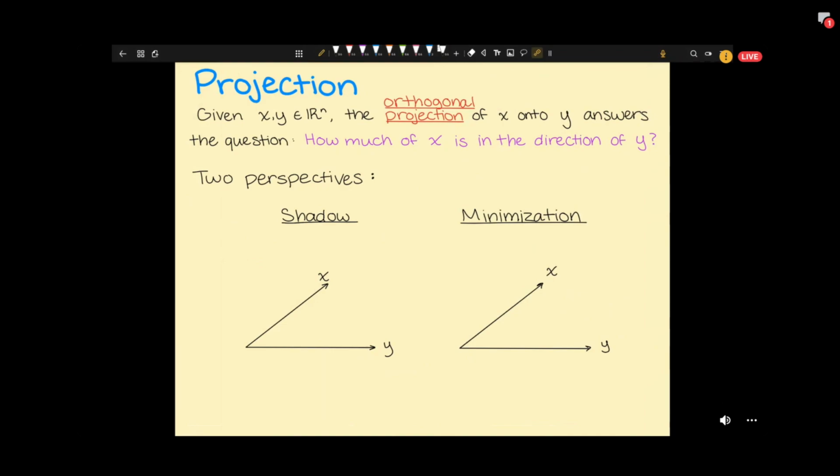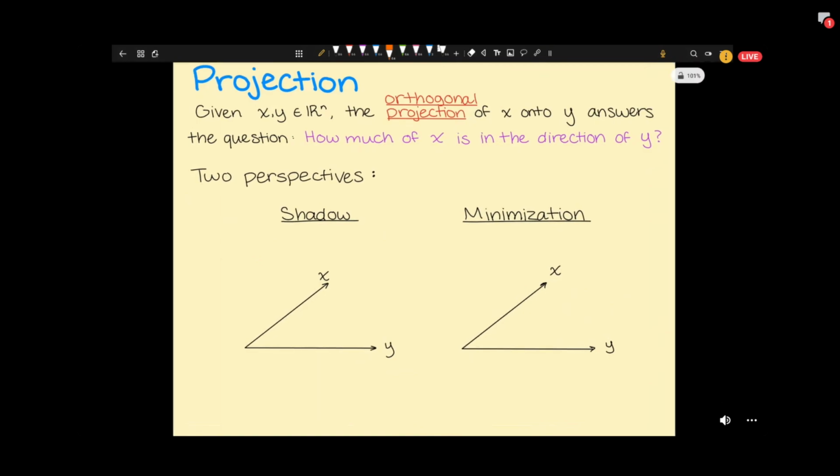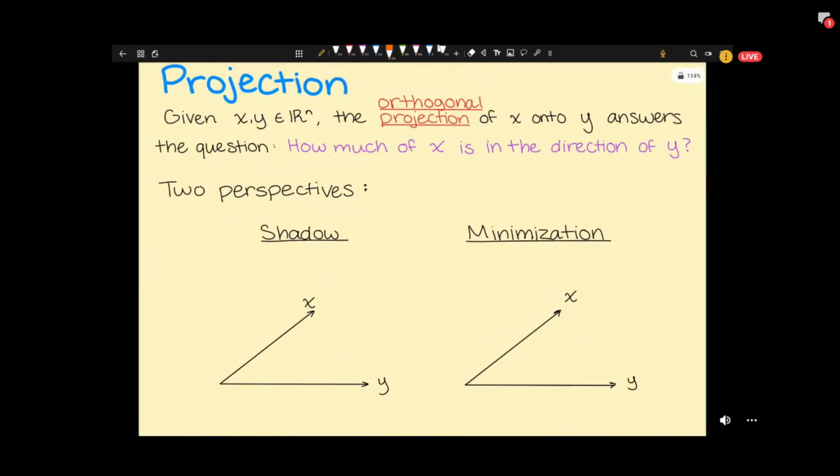Given any two vectors, we can find the orthogonal projection of x onto y, and this answers the question of how much of x is in the direction of y. I think there are two perspectives on this. The perspective which I quite like is that a projection of x onto y is like looking at the shadow of x onto y.